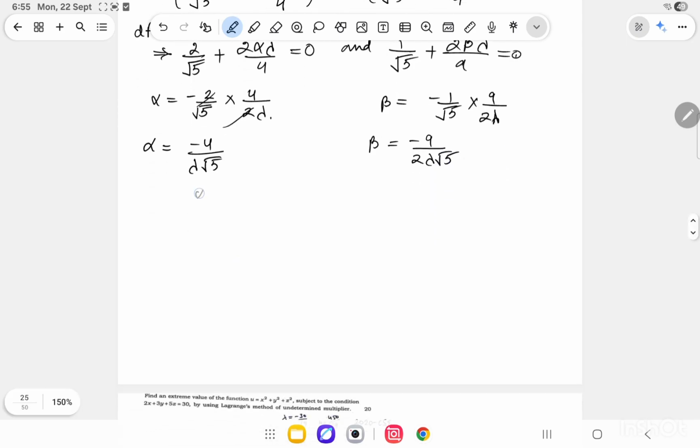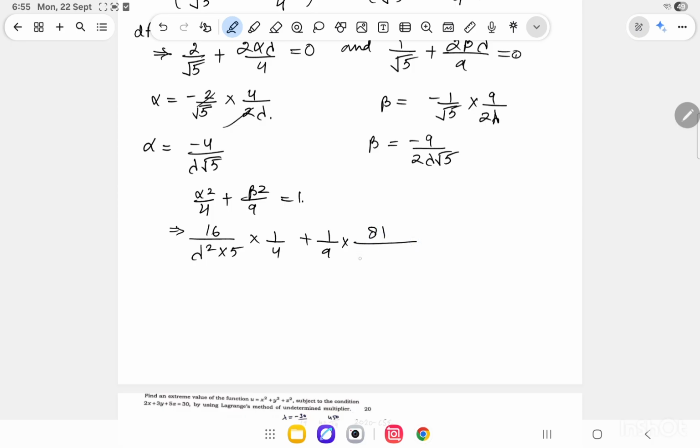And I know that alpha square by 4 plus beta square by 9 equals 1. That basically gives me 16 by lambda square into 5 into 1 by 4, plus 1 by 9 into beta square, which will be 81 by 4 lambda square into 5, equals 1.